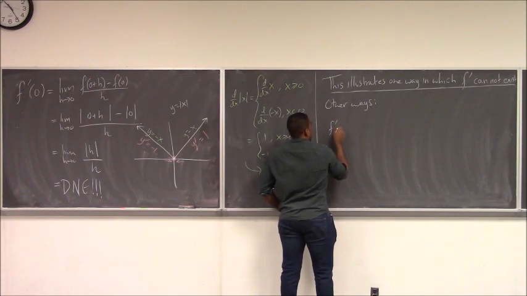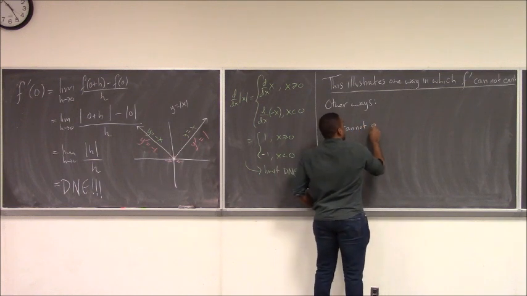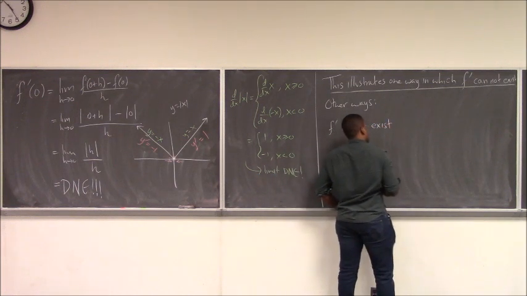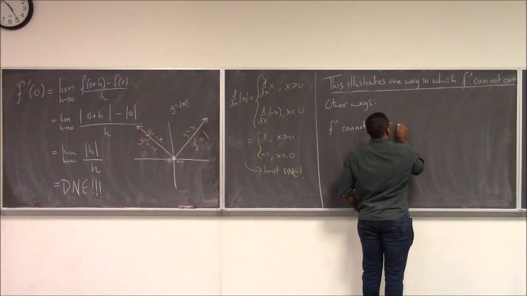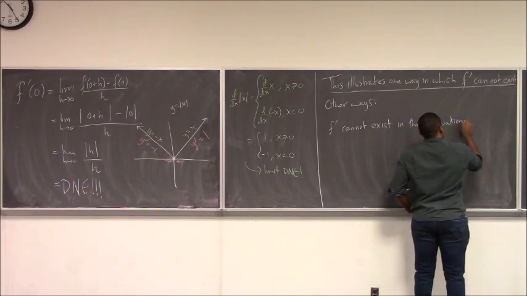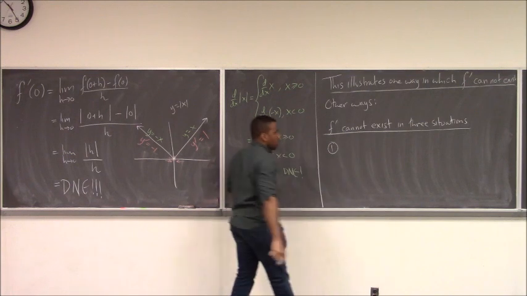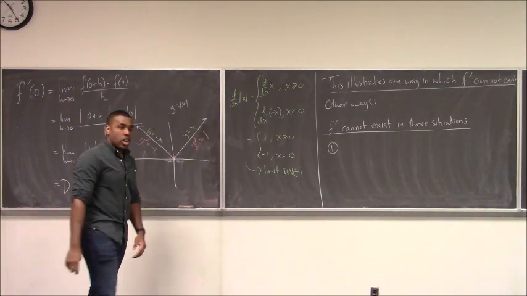f prime cannot exist in, let's say, 3 situations. So the first situation is illustrated here at sharp corners.